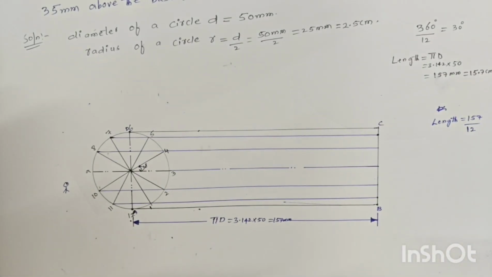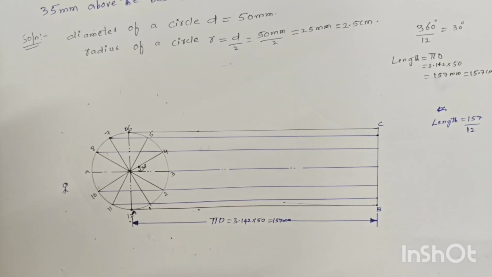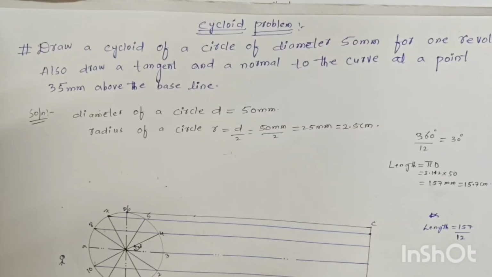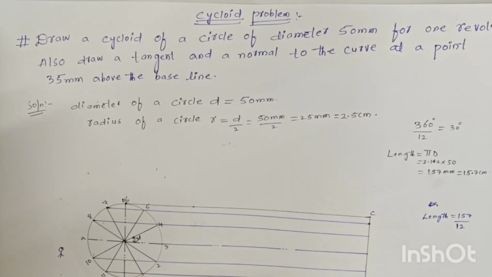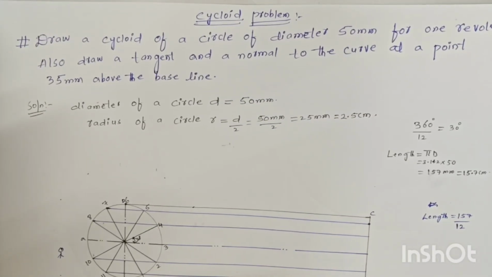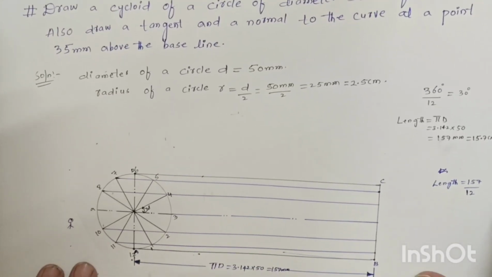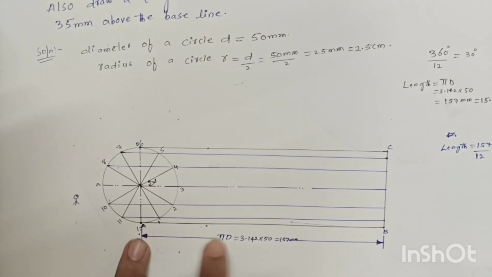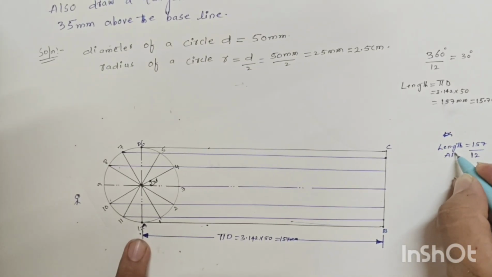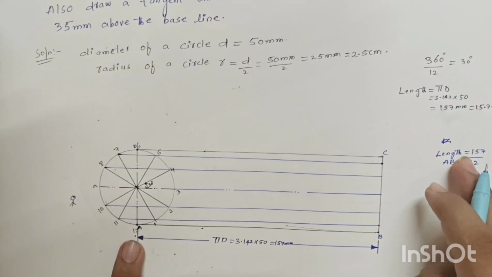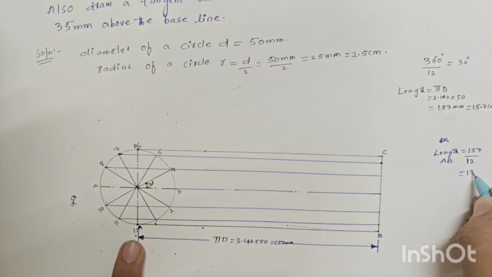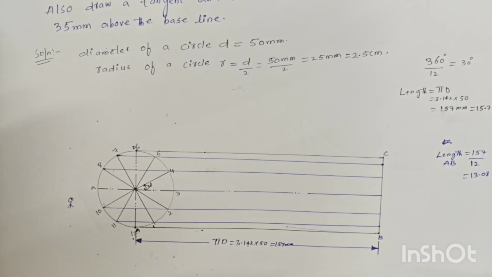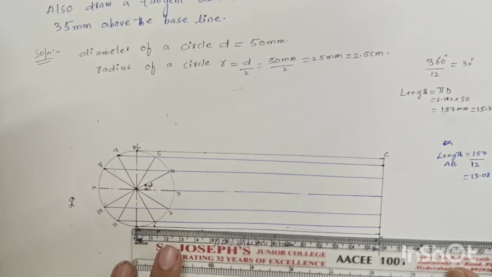Okay, then you will get... so in this case already we discussed that the length of A to B is how much? 157. 157 by 12, if you divide, then you will get 13.08 something. Is it right? 13.08, you have to measure a length.